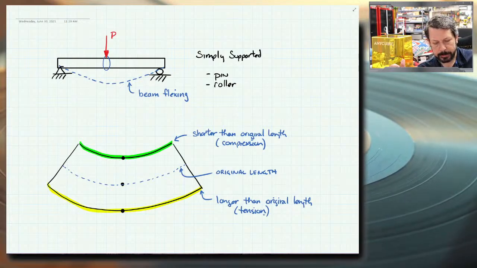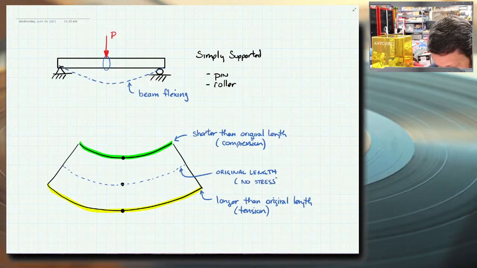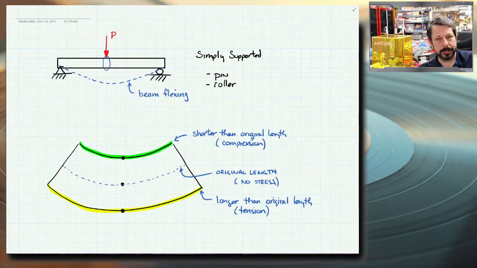So if you think about compression as negative, tension as positive, and I'm transitioning between the two of them, somewhere in there, there's zero. And if you think of the original length, this little dotted line here, it has the original length, so that means it is the zero strain, which would be zero stress. So there's zero stress on this line.